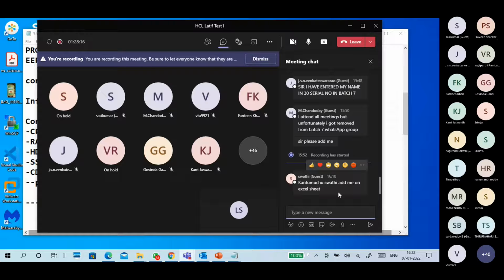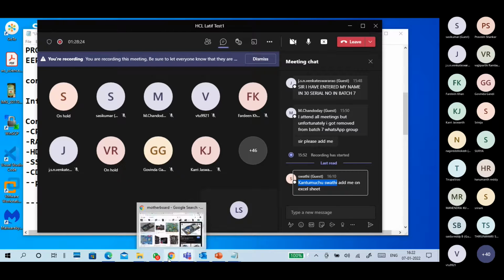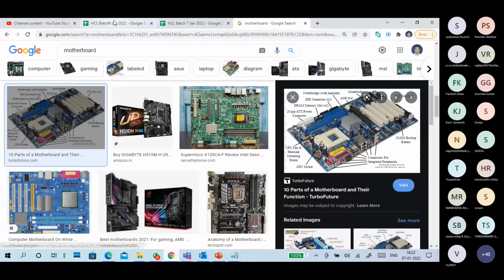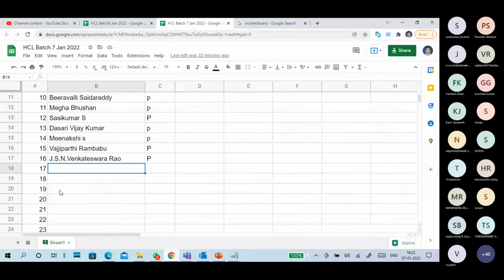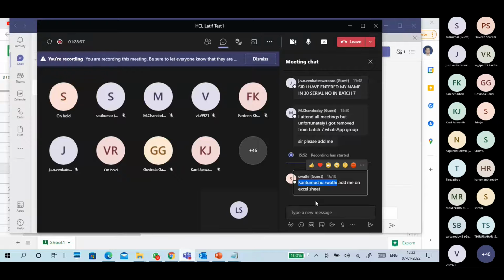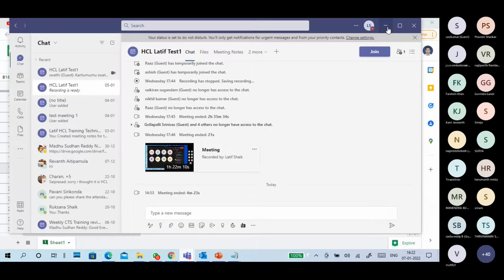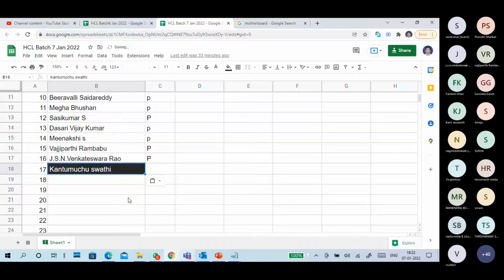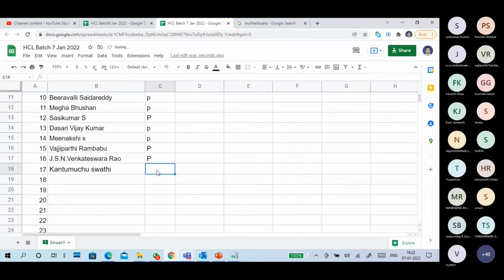Oh, Swati is there. Okay, Swati, 6 or 7? Or belongs to the 6th batch or 7th batch? Okay, I'm putting you currently in the 7th batch. So if you do not belong to it, please tell me.